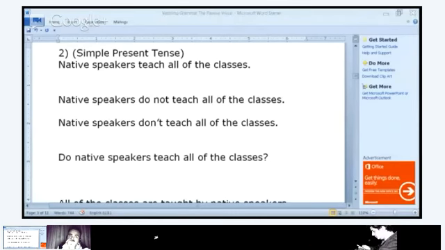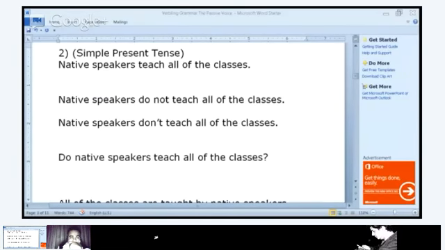Yeah, Ziad's sentence. All of the classes are taught by native speakers. And just to watch your spelling with taught, T-A-U-G-H-T. The pronunciation is the same. All of the classes are taught by natives. That's the stress that you want to put on.